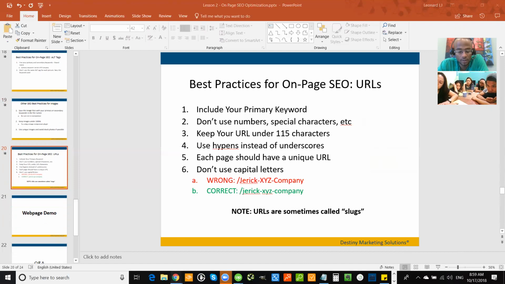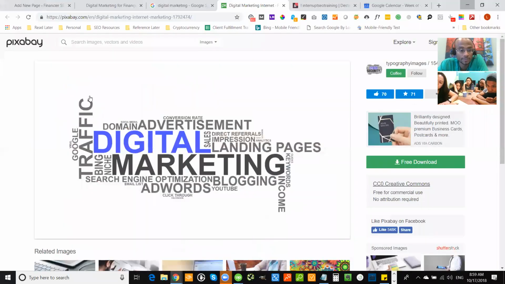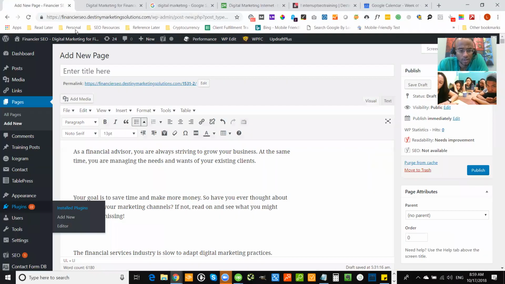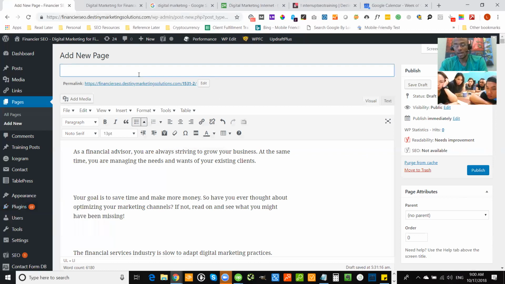So I'm going to go back to my browser here. So this is a test page. I've already filled it in with some content that I wrote before. This is pretty much the dashboard, the admin for whenever you're going to add a new page to your WordPress website. The first little field here where it says enter title, this is where you're going to put your H1 tag.